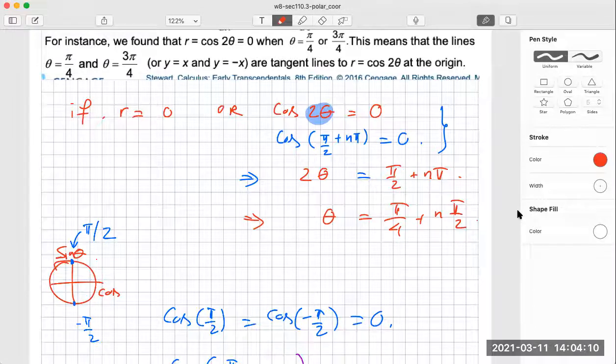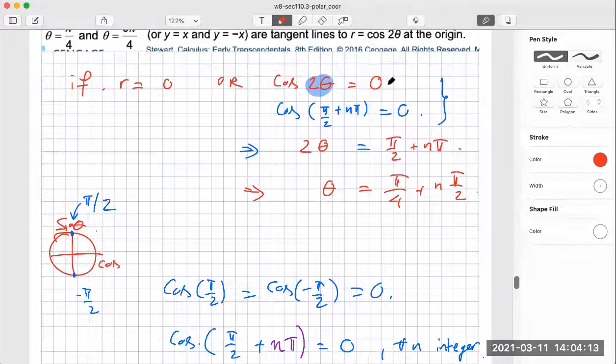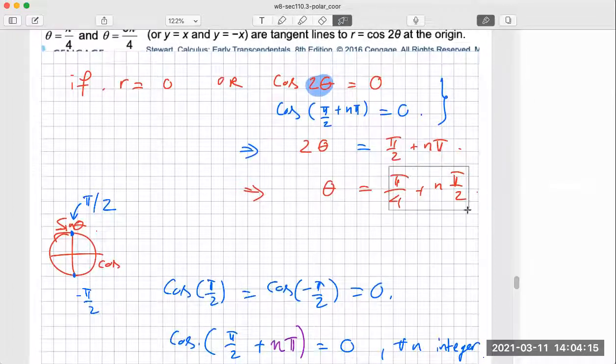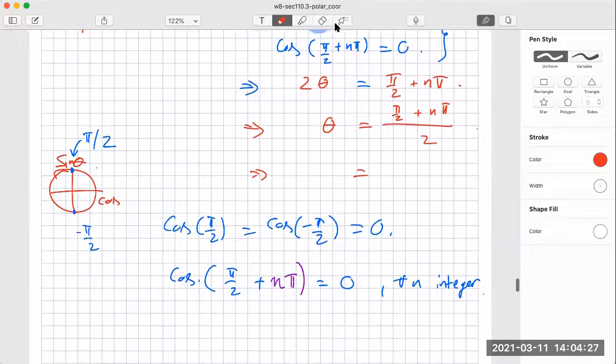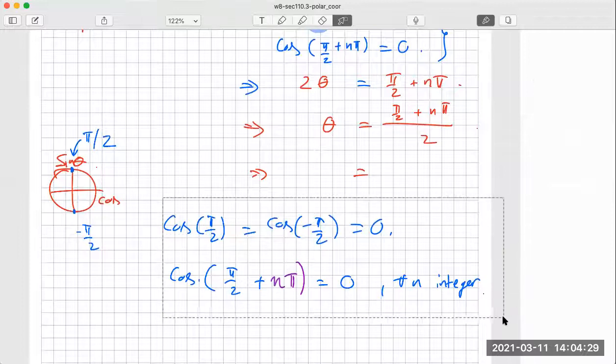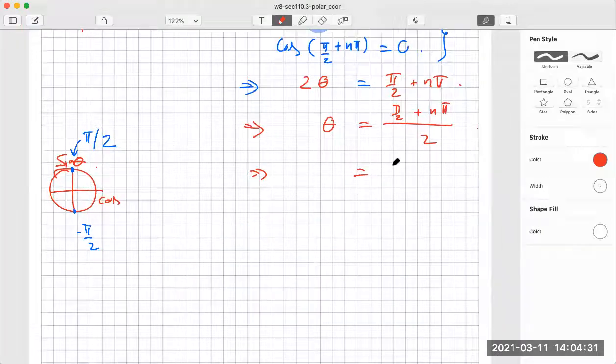Or we do it slowly. So it would be pi over 2 plus n pi, divided by 2. This is a sum of two fractions. Therefore, let me remove this first. Therefore, theta will be pi over 4 plus n pi over 2. Okay?